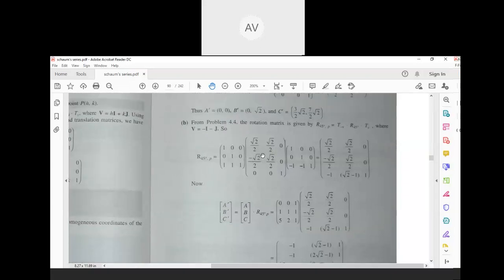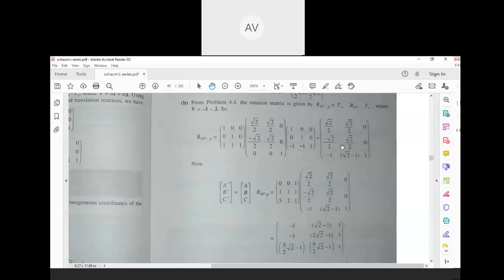Then we take the rotation matrix, then again we put it back to its original position. So when we multiply these three matrices, we will get this matrix. This matrix is called the composite transformation matrix, or concatenated transformation matrix, or combination transformation matrix.